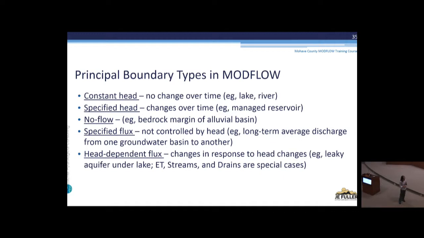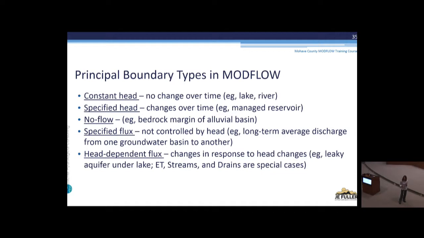Specified head says, okay, we know that this reservoir or this lake changes seasonally, for example. We know that they store water in Lake Mead in the wintertime and let it out in the summertime, and there's a record of how that lake is managed. So we know the downstream end of our basin, kind of what those heads are over time historically.